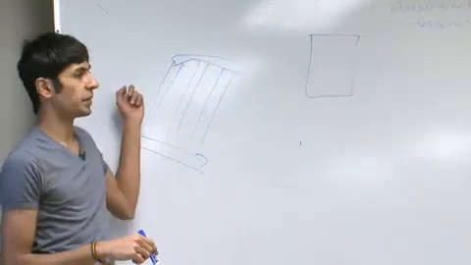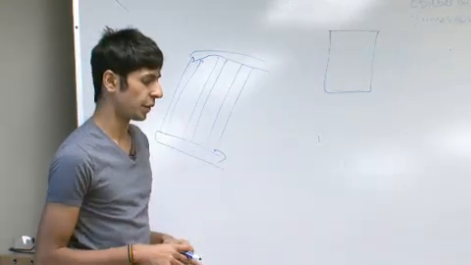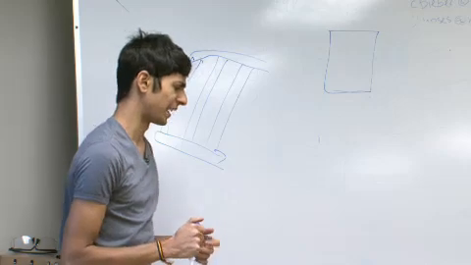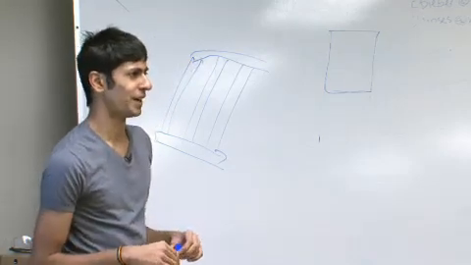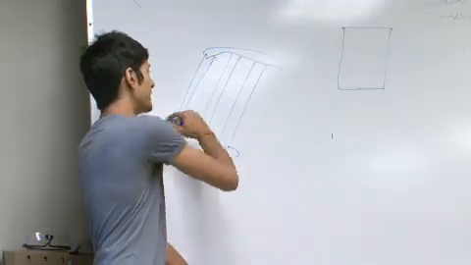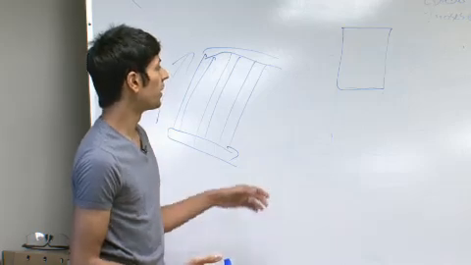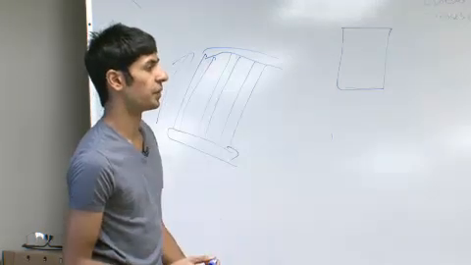Water heats up in this, and as water heats up, if you remember from middle school, hot air rises. So hot water also rises, and you get a flow of water towards the top of this thing.